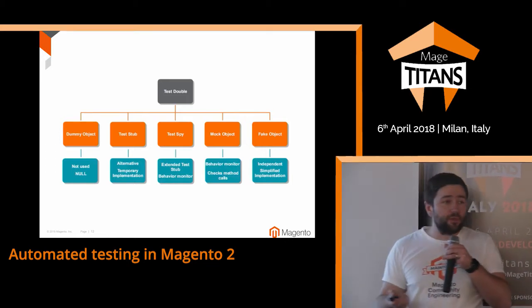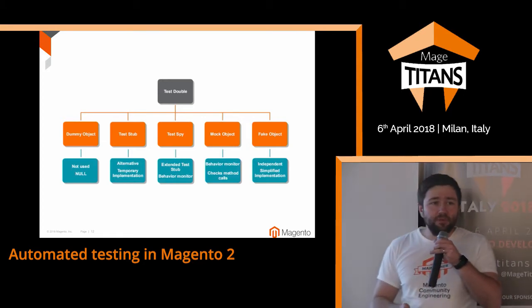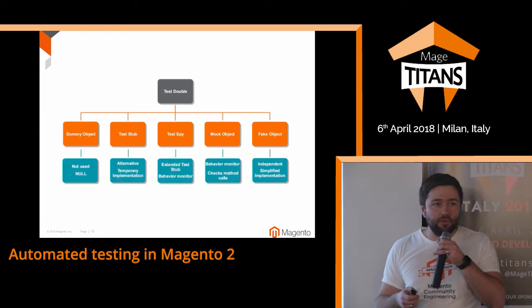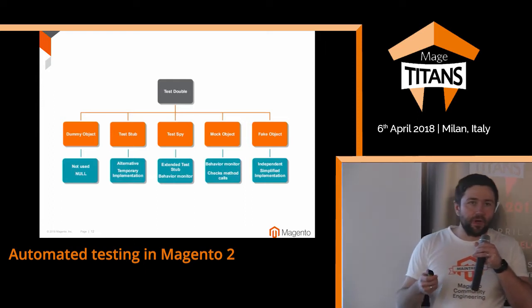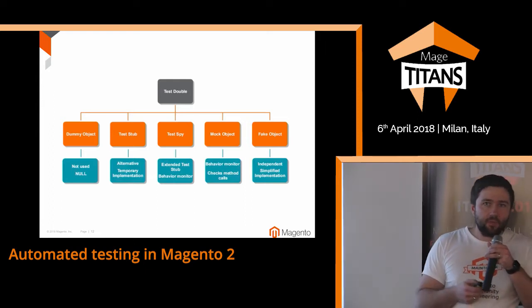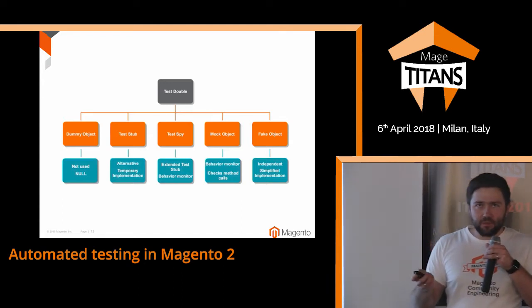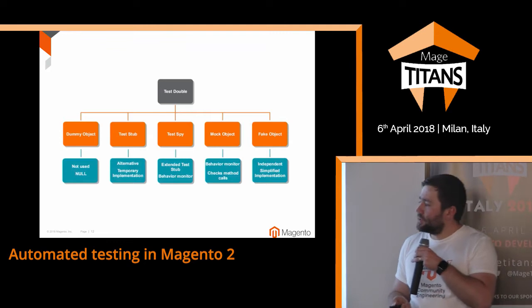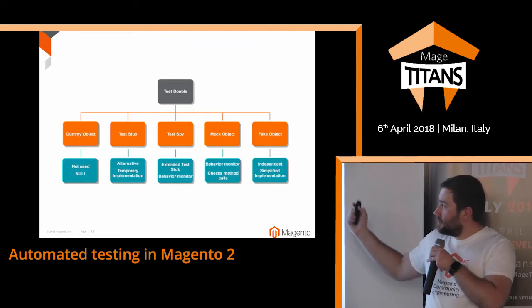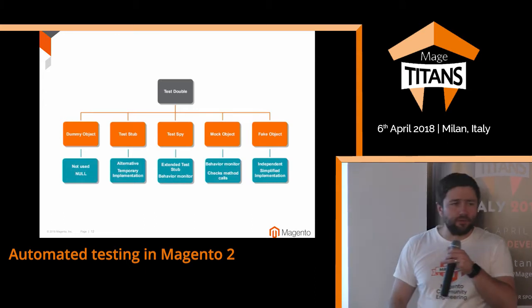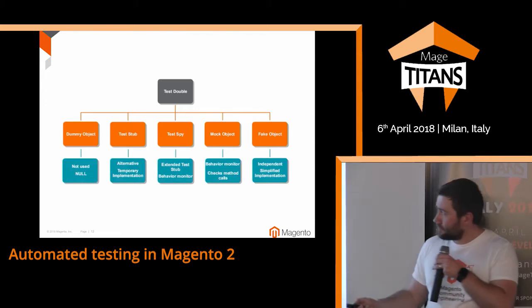Of course, you can implement a dummy object, but in the PHP world it's not really popular, unlike in Java, where it's a pretty common pattern to use a null object. We don't use it. I have probably never even seen usages of a null object in Magento. But these are different types of doubles. Currently, we are talking mostly about stubs and mocks.